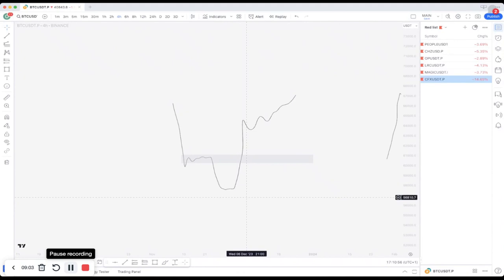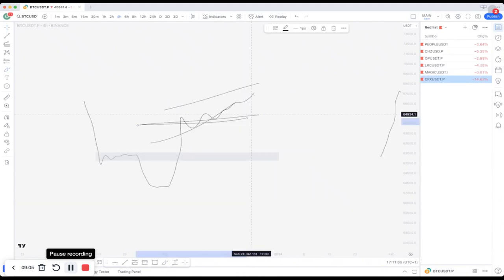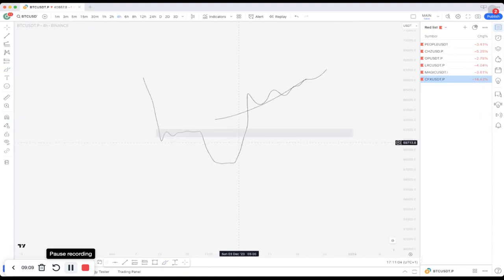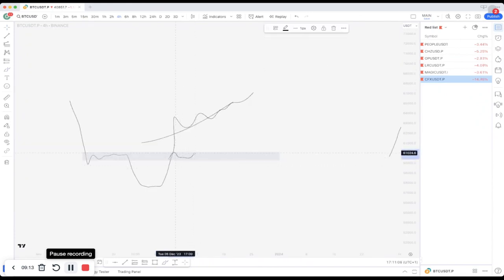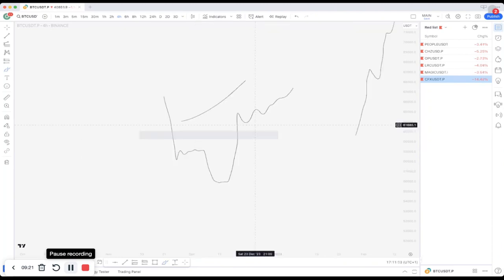We went above, and we have closed above for a long time. That means this is pretty much invalidated, because our idea is that there's supply left here, right? There are orders that haven't yet been filled, which would push price down. But in this case, because we have pushed through and closed above for several candles, this is pretty invalidated, right?